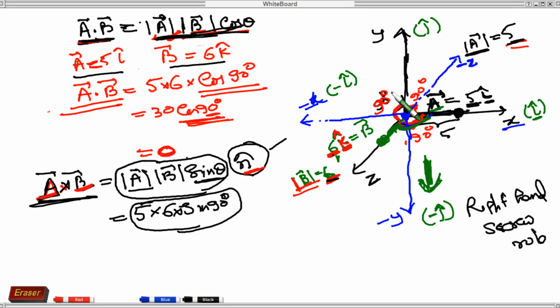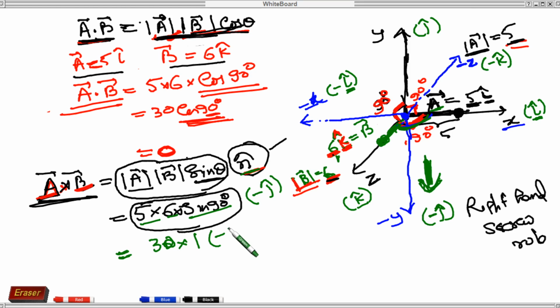If it's the z-axis, unit vector k, and if it's minus z-axis, unit vector minus k. This unit vector is used for showing the direction. So here it will be minus j. What will be the result? 5 times 6 is 30, sine 90 degrees is equal to 1, and this is minus j.